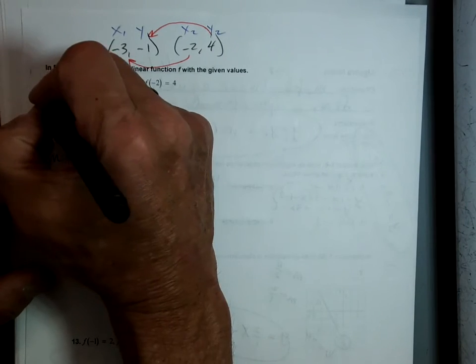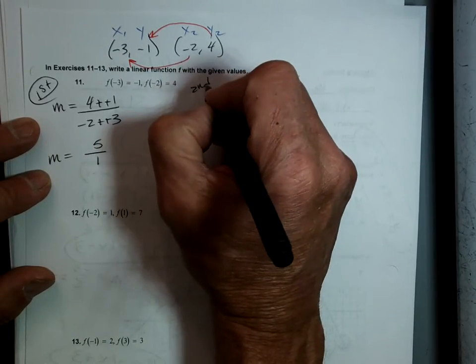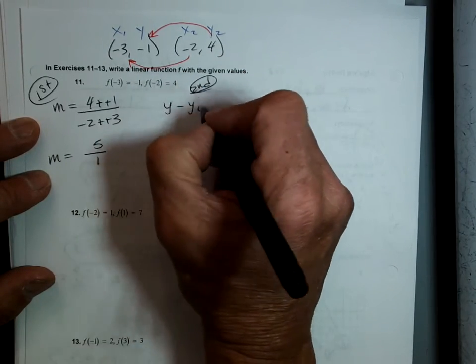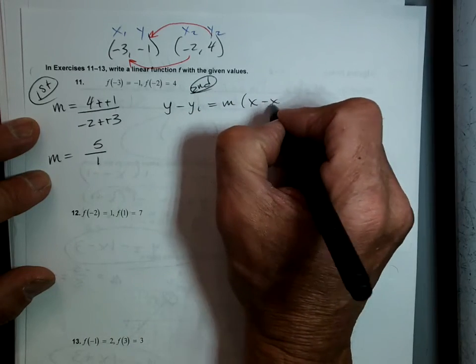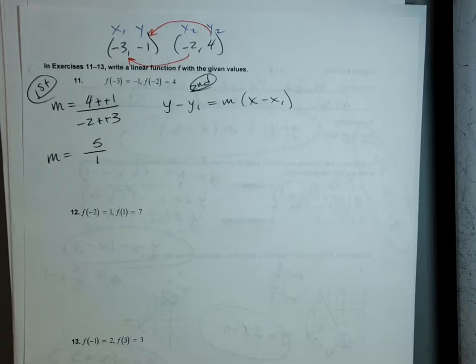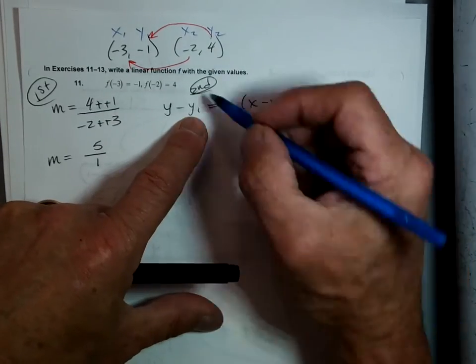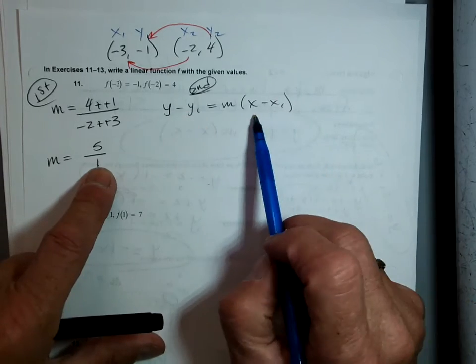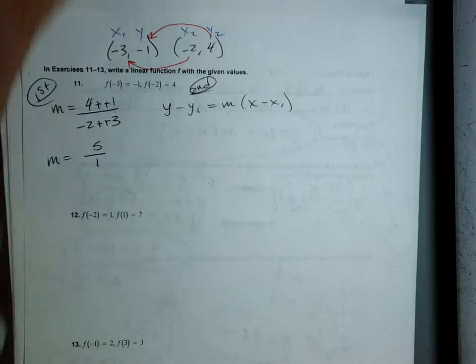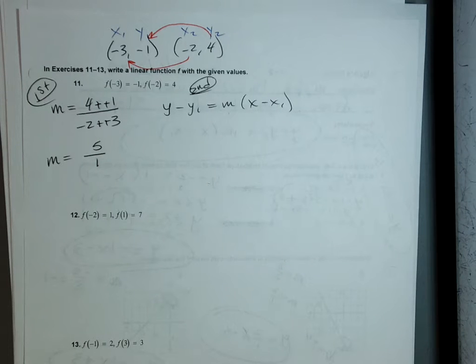Second step, we're going to use our formula, y minus y1 equals m times x minus x1, okay? I'm going to put my -3 here, my -1 here, and my 5 there.